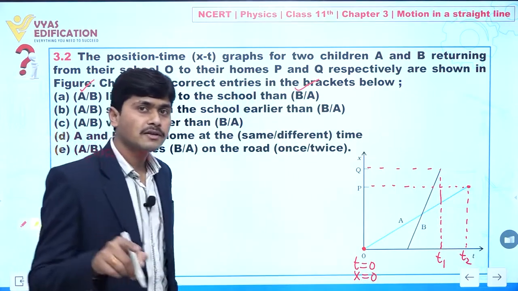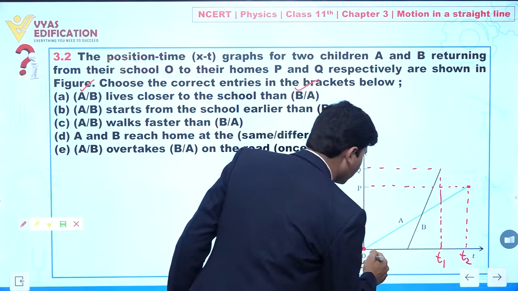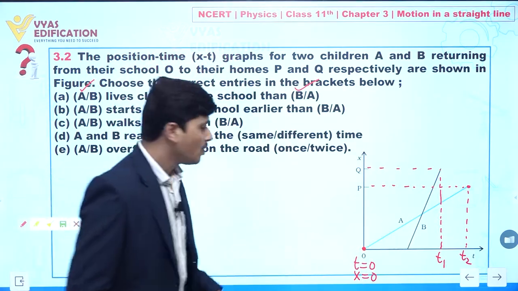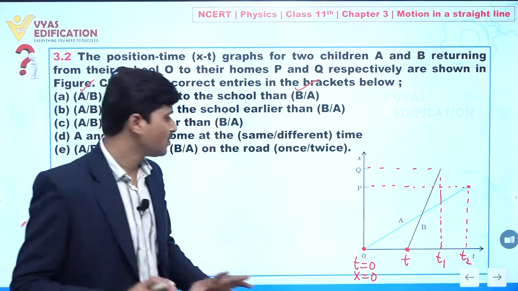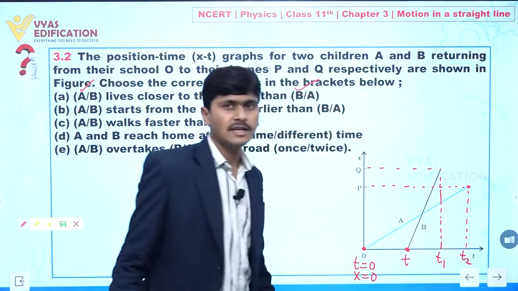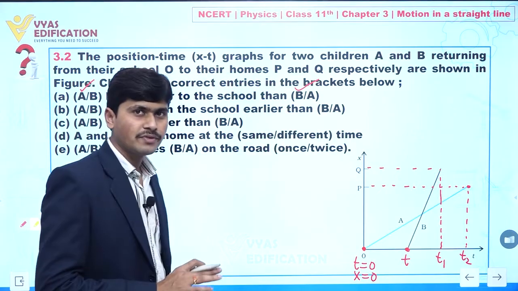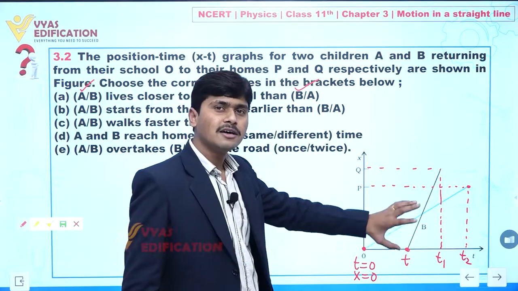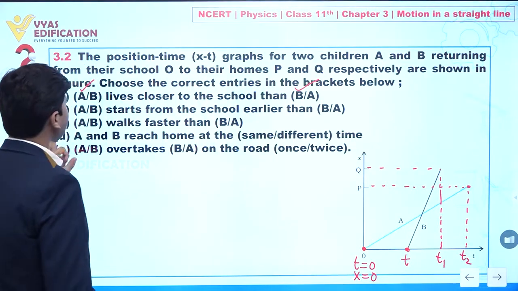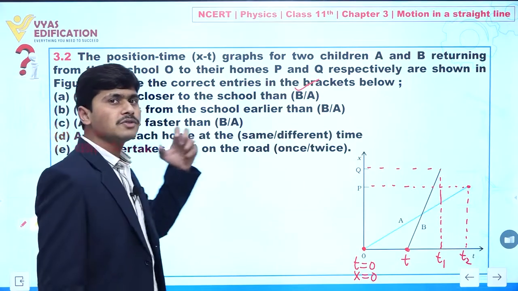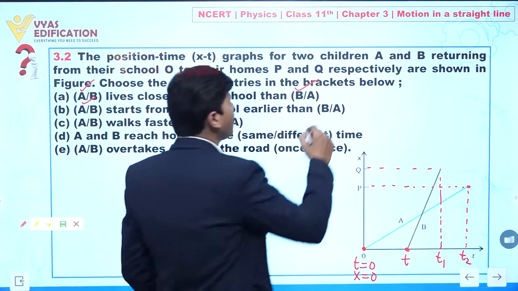For child B, at t equal to 0 its x is equal to 0, but you can observe here there is some time gap while x is still 0 for child B. So if we compare A and B, child B started later from school compared to A. So we can say yes, A starts from school earlier than B.